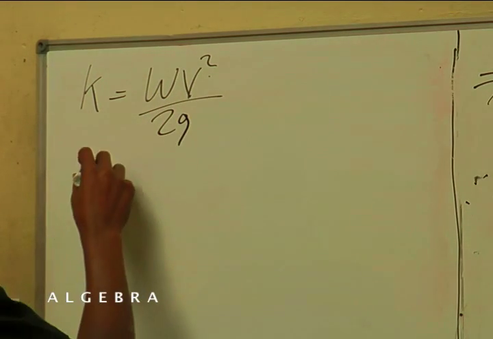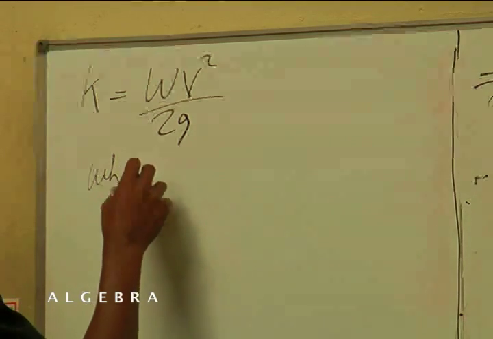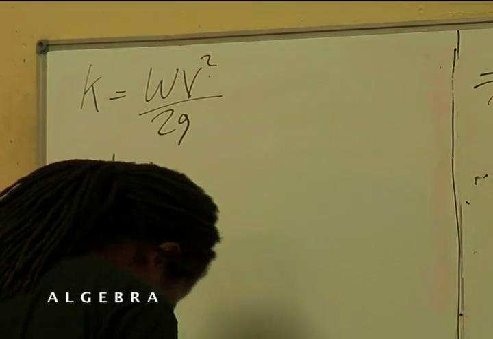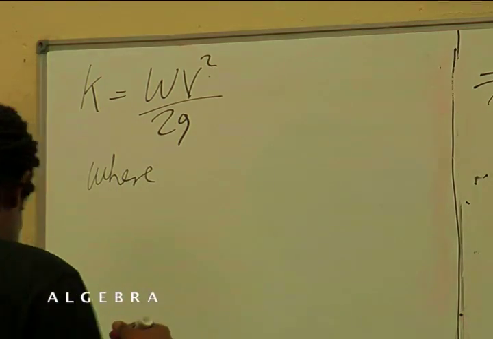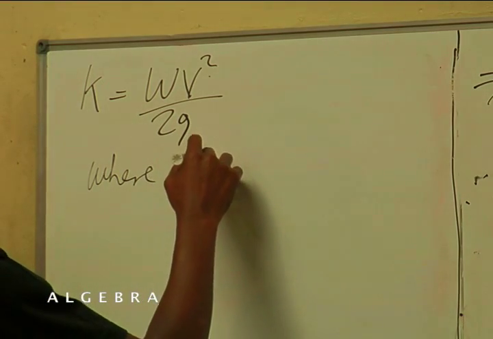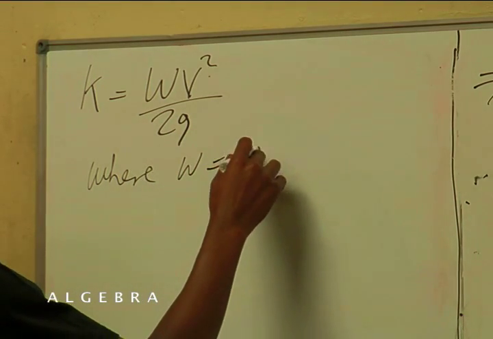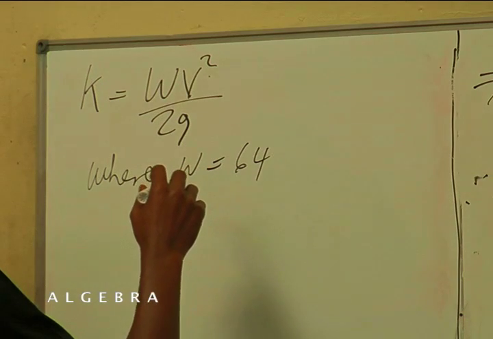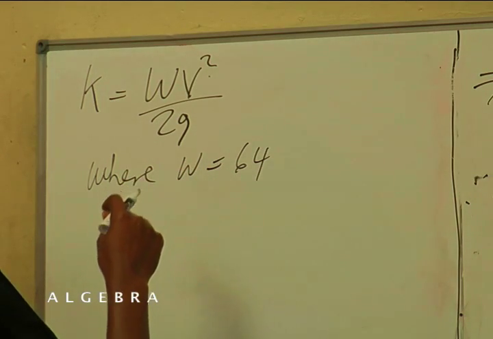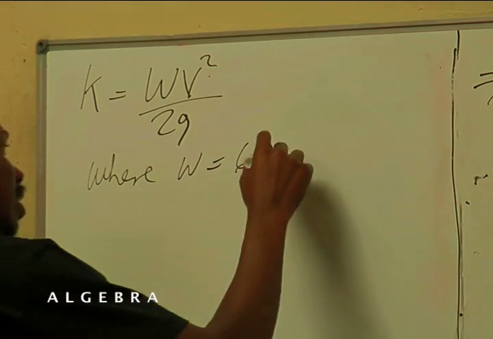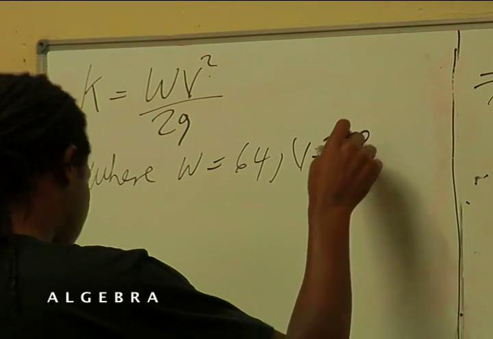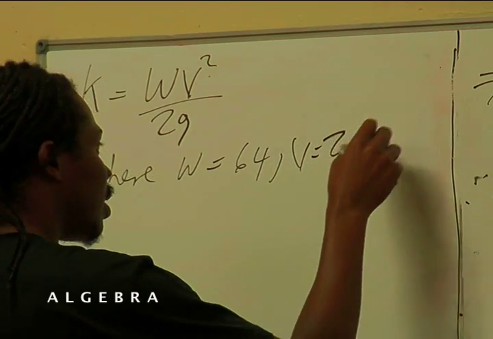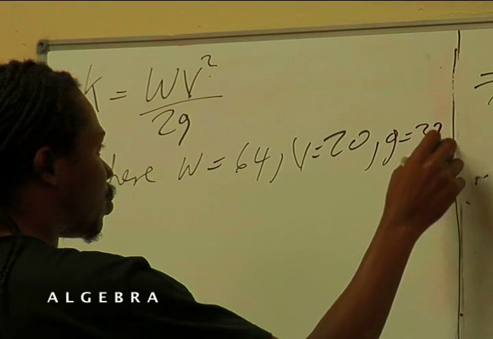What we are doing? W equals 64, V equals 20 and G equals 32.